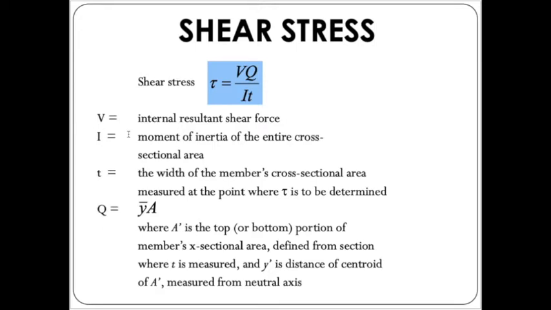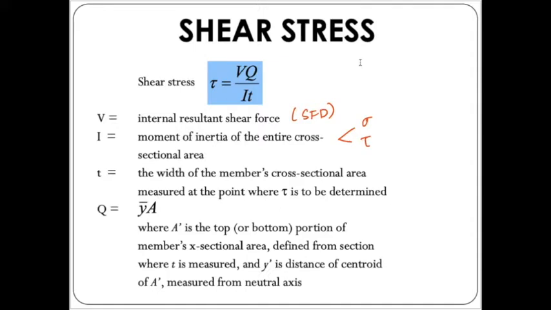V is the internal resultant shear force. This V value can be determined from the shear force diagram. The next one is the I value, which is the moment of inertia. This can be calculated based on the calculation that we have discussed earlier. The method is still the same, so this I value can be used for both bending stress and shear stress, to calculate the sigma as well as the tau value.